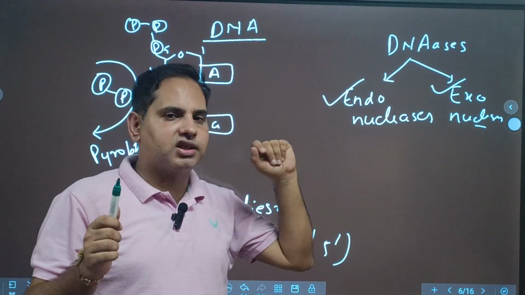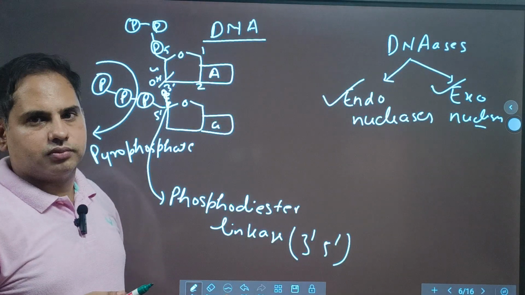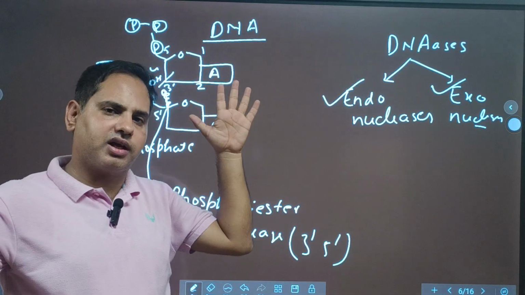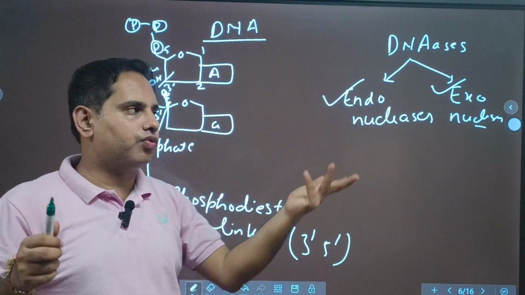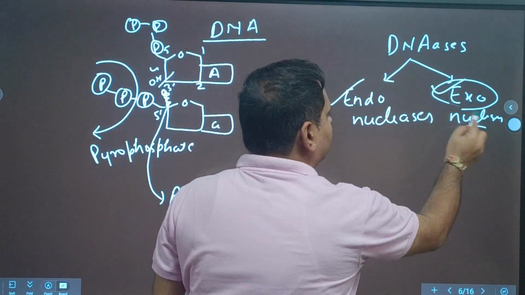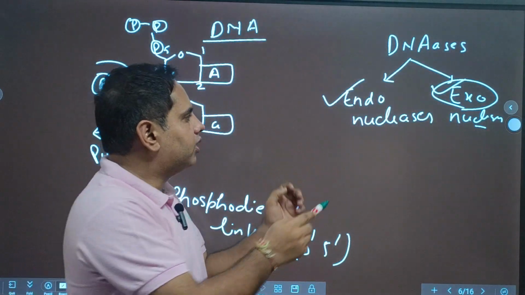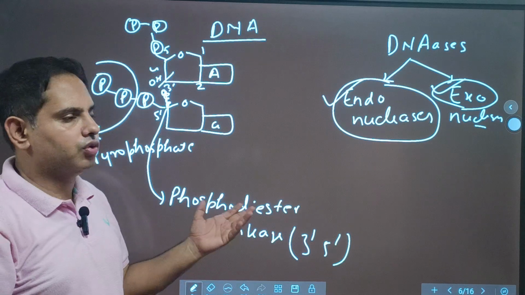But exonucleases are those enzymes which will break at the top or the bottom, not in between. या तो कहीं ऊपर break कर सकता है या पीछे break कर सकता है, not in between. That is what we call exonucleases. The word exo is there, right? या तो top पे break कर देगा या bottom पे break कर देगा. Endonucleases can break in between as well. तो ये बीच में भी तोड़ सकता है, that is the endonucleases.